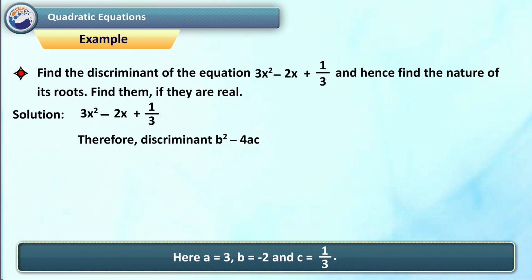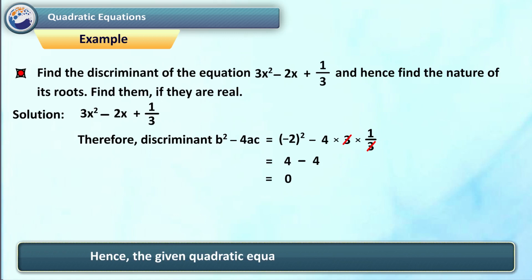Therefore, discriminant b squared minus 4ac is equal to minus 2 squared minus 4 into 3 into 1 by 3. That is, 4 minus 4 is equal to 0. Hence, the given quadratic equation has two equal real roots. The roots are minus b by 2a, minus b by 2a, that is 2 by 6, 2 by 6, that is 1 by 3 and 1 by 3.